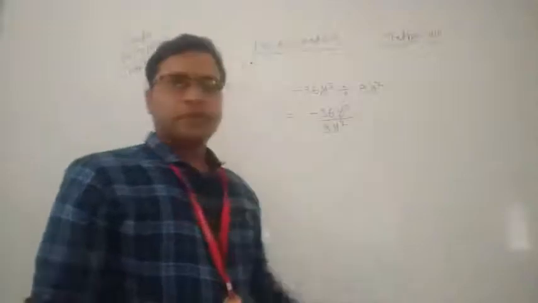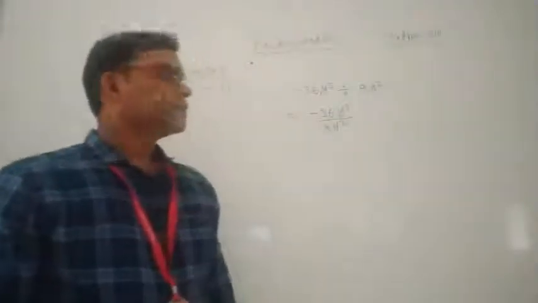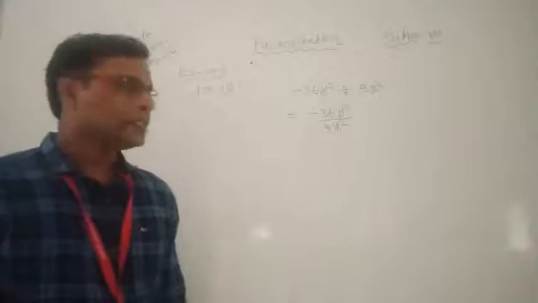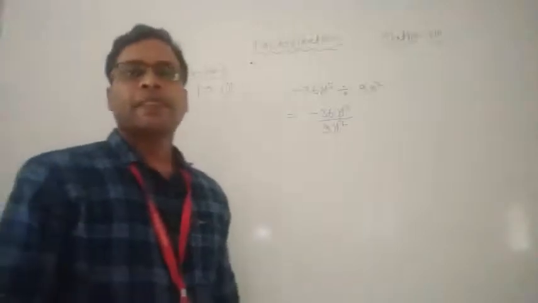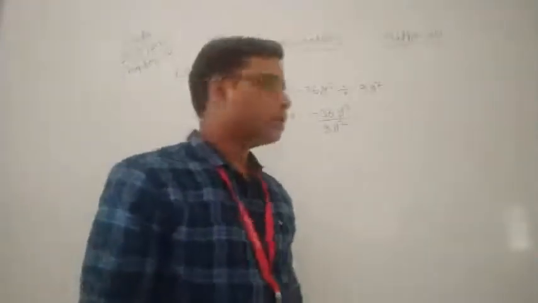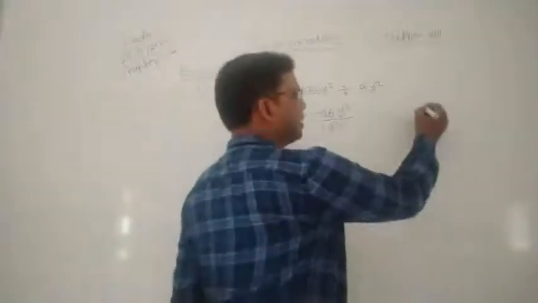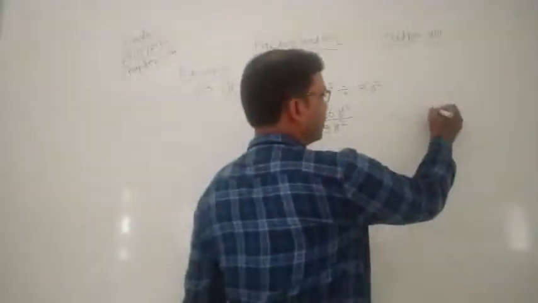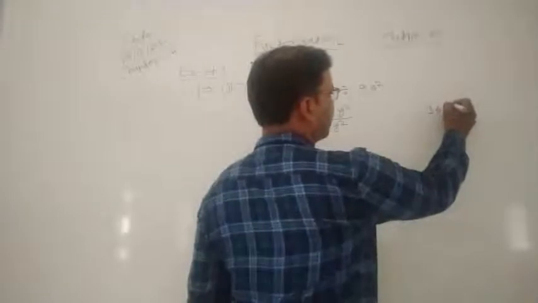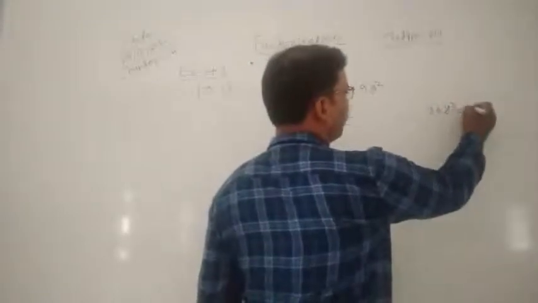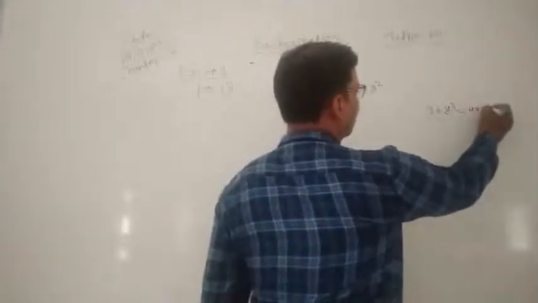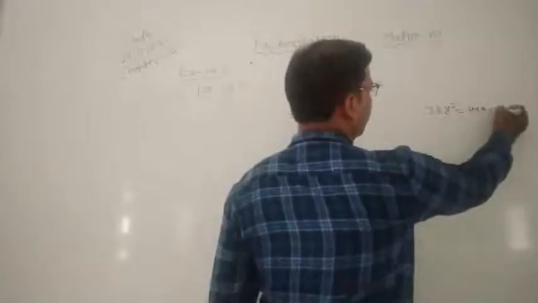We break minus 36 y cube such that it is divisible by 9 y square. So we can write 36 y cube as 4 into 9 into y square into y.